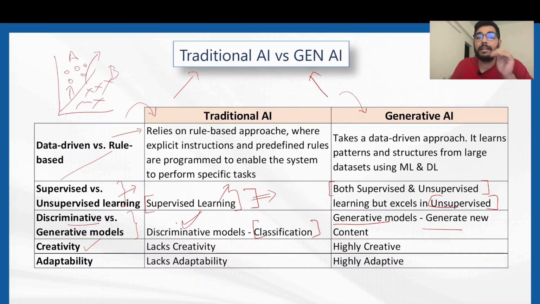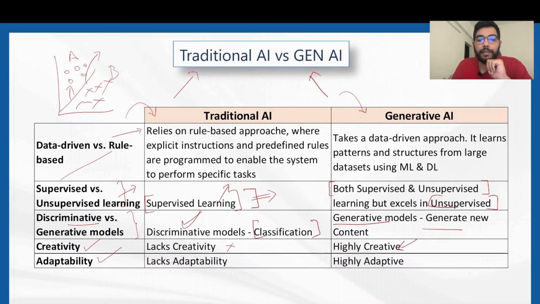We all know that since traditional AI works on rule based systems, it lacks creativity, whereas generative AI models are high in creativity because their primary task is to generate new and novel creations out of the patterns that they have learned in the past. So they are highly creative.